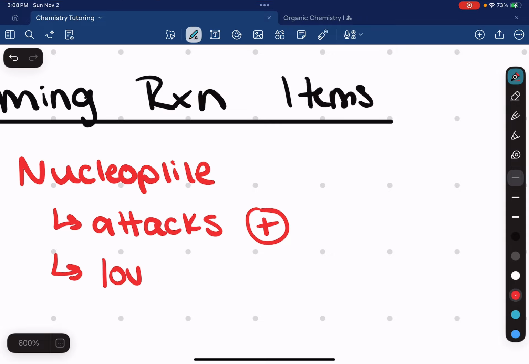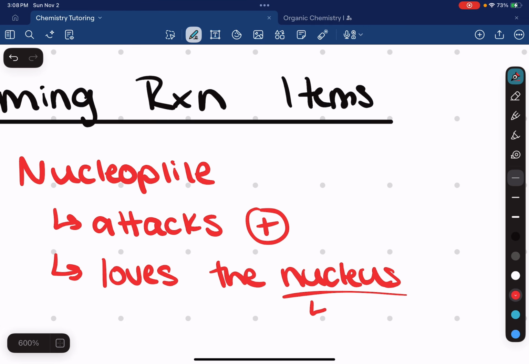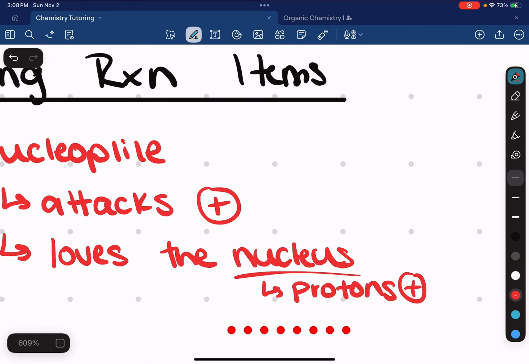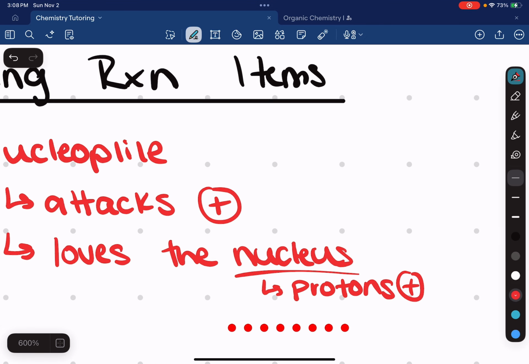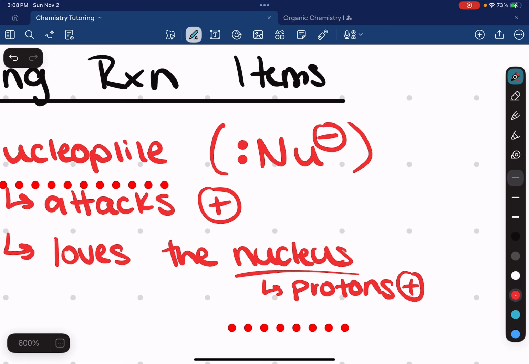Break it down. It loves the nucleus, and the nucleus contains protons, which are positively charged. Nucleophile is commonly, like, at least when I took his class, Mayer used to do it like this. That was its shorthand. It has extra electrons and it's negatively charged, so it's going to love a positively charged ion.